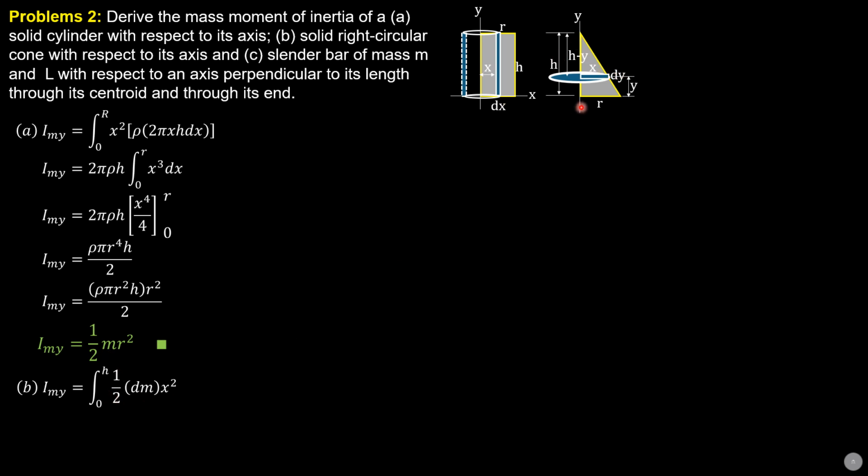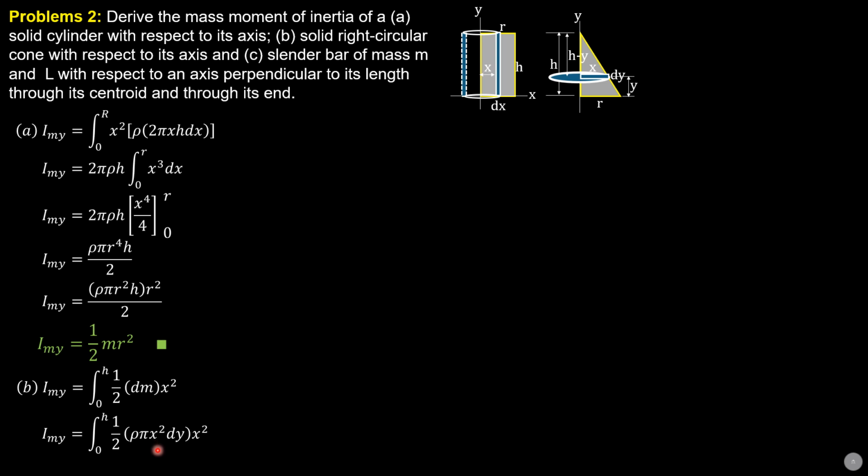The radius of the disk is x. So we have IMY equals integral 0 to h of 1/2 rho times pi x squared dy. This is the differential mass, density times the differential volume of the disk, pi radius squared times thickness, and the radius is again x squared.